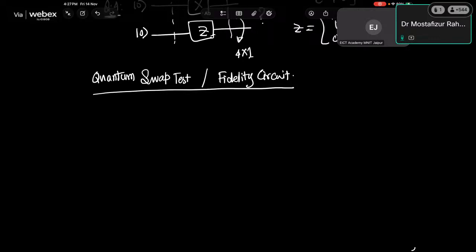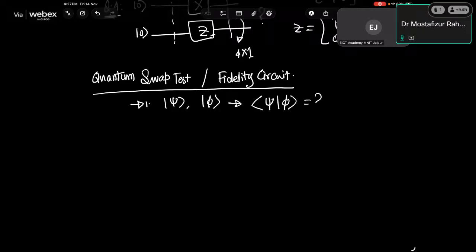Suppose you have two quantum states, ket psi and ket phi, and you want to identify the correlation, that is, the inner product of psi and phi.